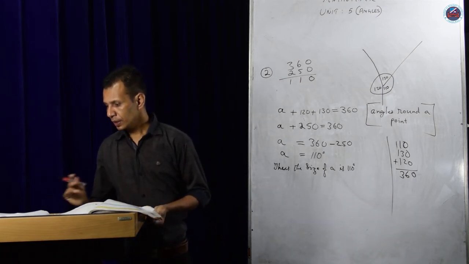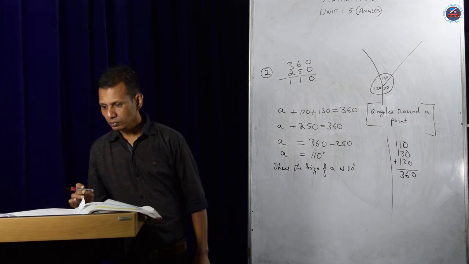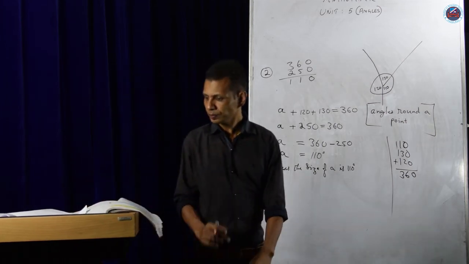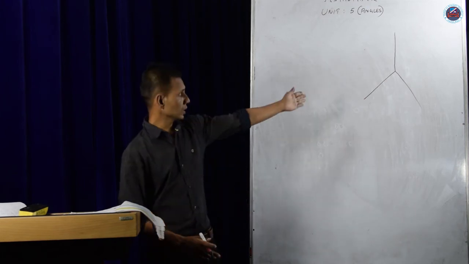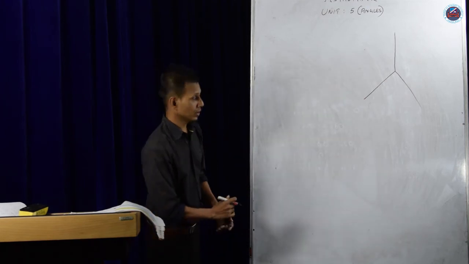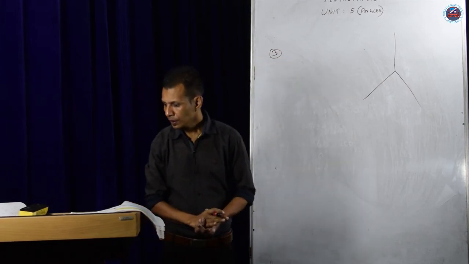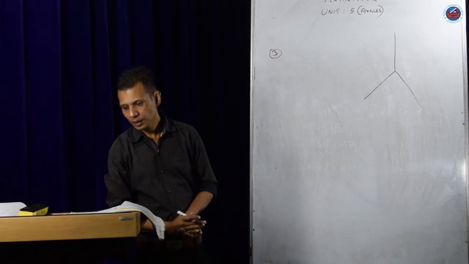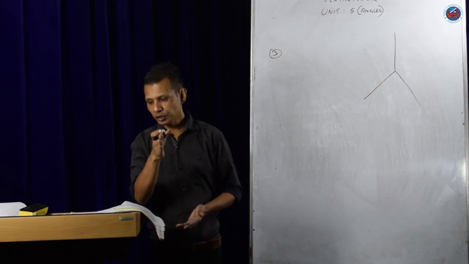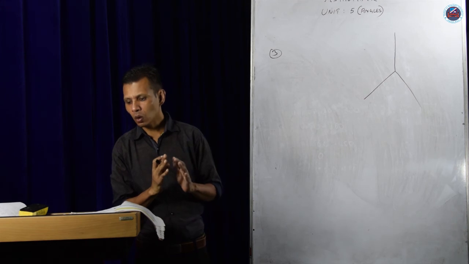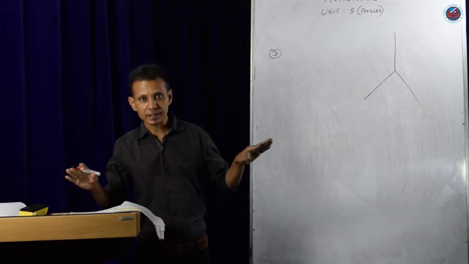Okay. Now here, question number 3 I will do for you. Well, children, look at the diagram. This is from question number 3, page 59. Here it says, please check your question. The angles in each of these diagrams are all the same size.